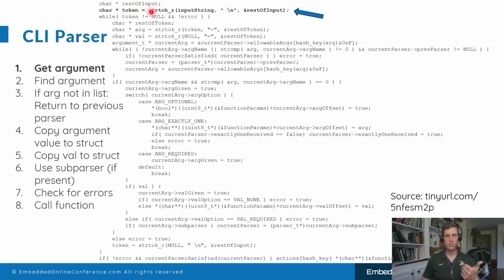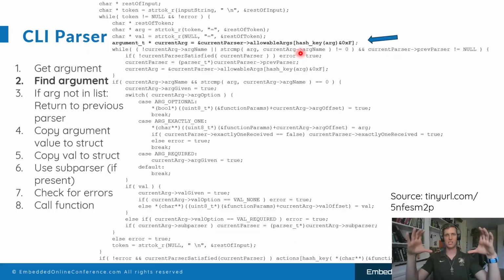So the first thing we do is we get the next space-separated token out of our input string, and then we try to find that argument in the list of arguments that we are currently processing. And I chose to compute the hash of that input argument and use that as the index into my array to do this really quickly. It's essentially a single line of code.